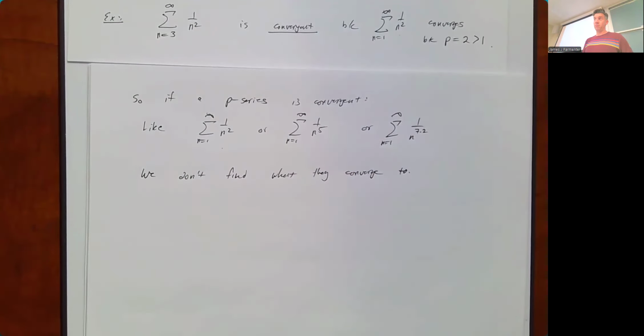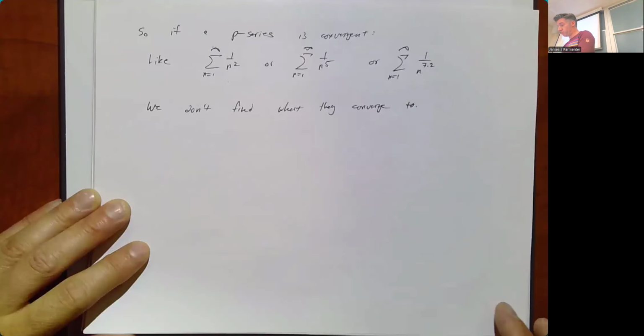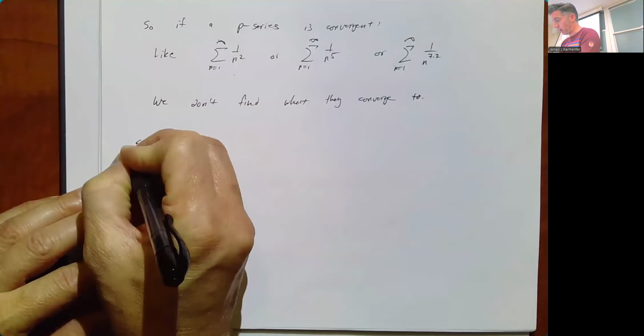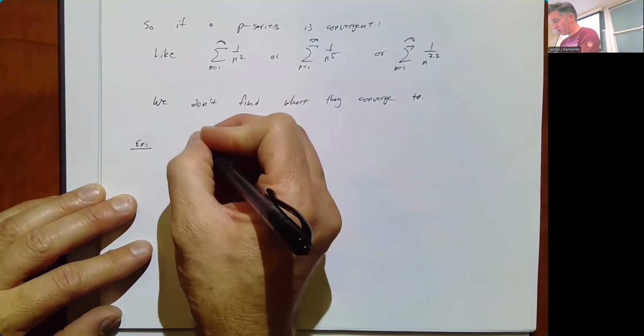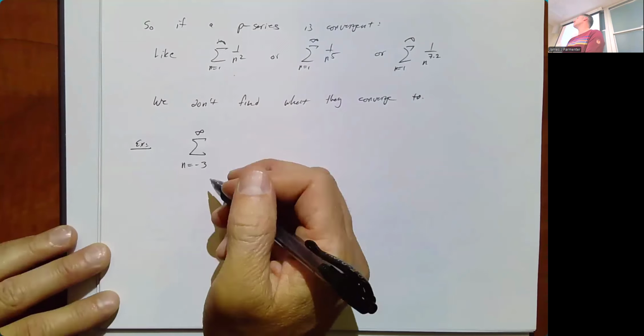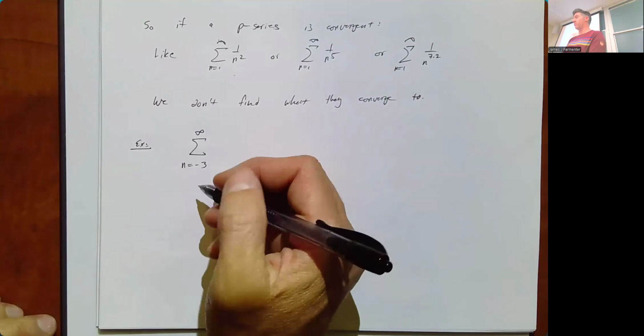Series with negative values of n? Yes, not typically, but technically they could. For example, we could certainly start off with the sum from n equals -3 to infinity of something that we have to just make sure isn't undefined at some negative value.